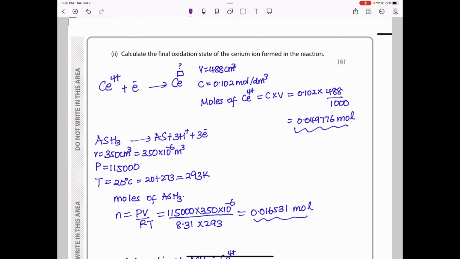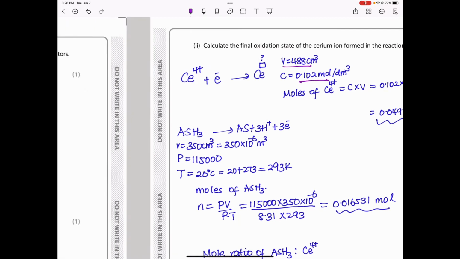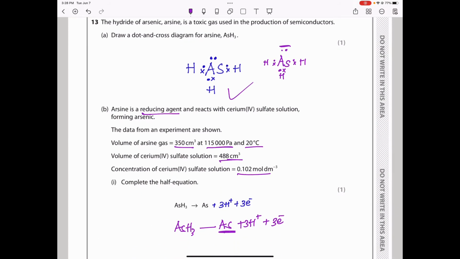The next question is telling us, calculate the final oxidation state of the cerium ion formed in this reaction. Now, I usually begin such questions by writing down the key information we have. They say the volume was 488 centimeters cubed, and they gave us the concentration. So I'm going to use these two to find the number of moles. Again, to take you back, this information was for arsine, and this is for cerium.